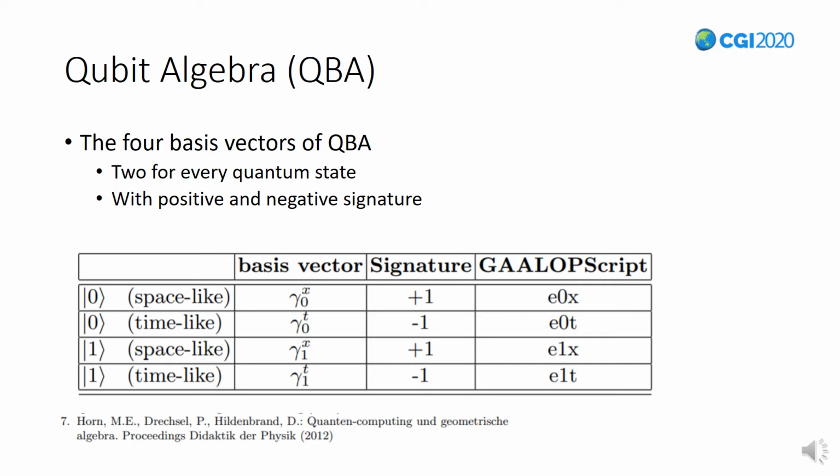And in Gaalop script, the description of these basis vectors is e0x, e0t, e1x, and e1t, since in Gaalop script all the basis vectors have to start with an e.